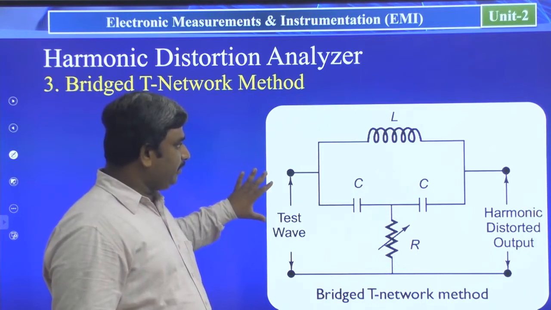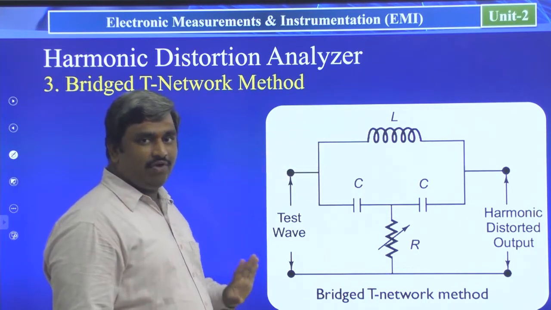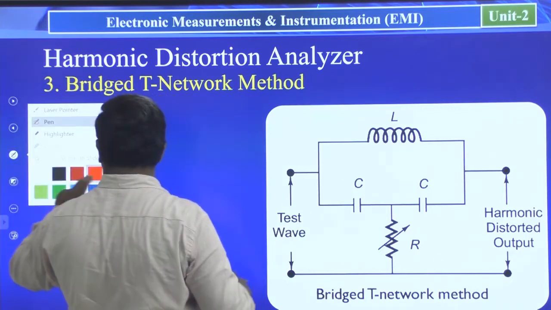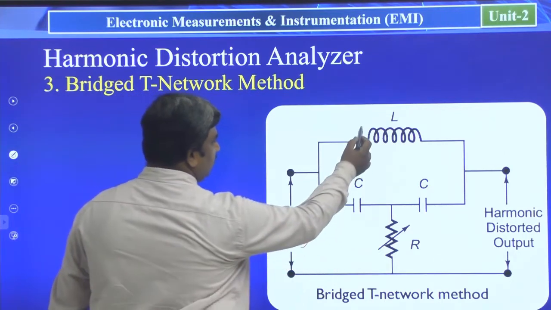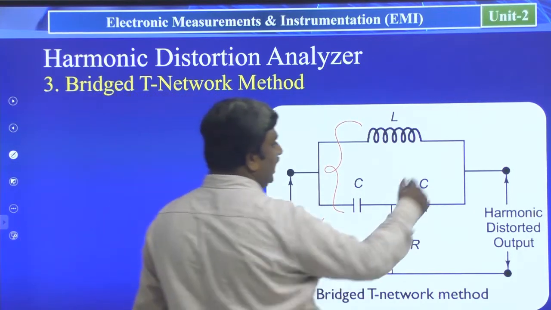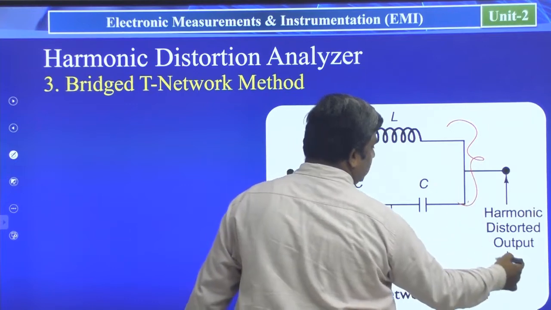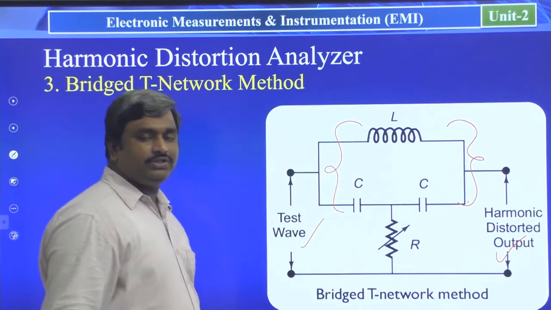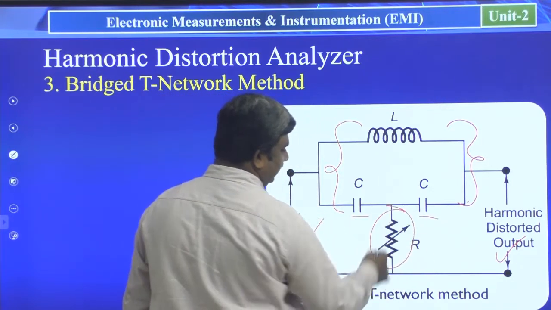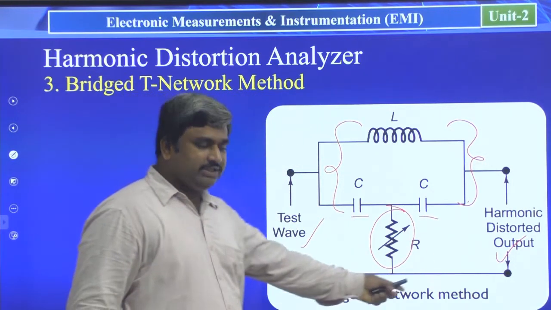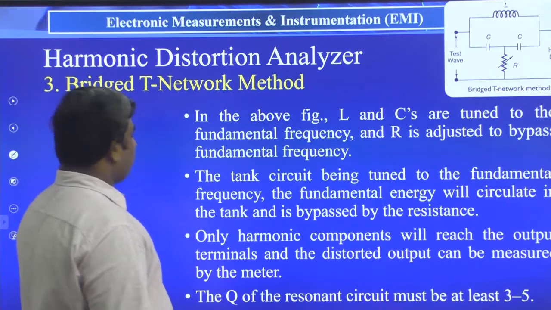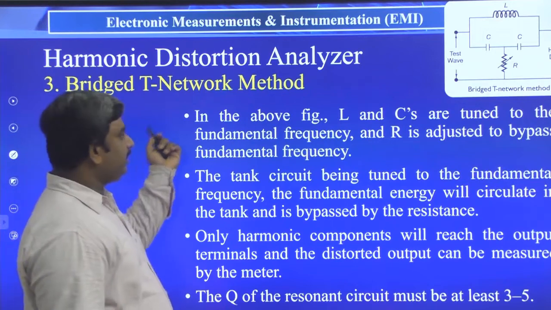At the input terminals, on one side of L and C, we give the test wave input. On the other side of the L and C components, we take the harmonic distorted output. In between these two capacitors we connect a variable resistor. So this is the bridged T-network method.